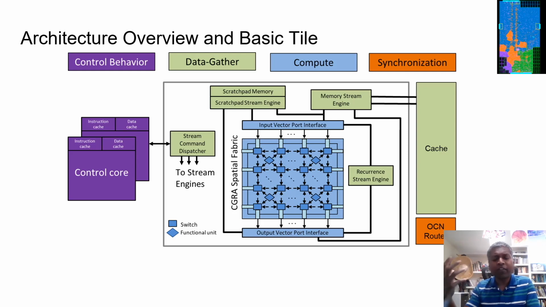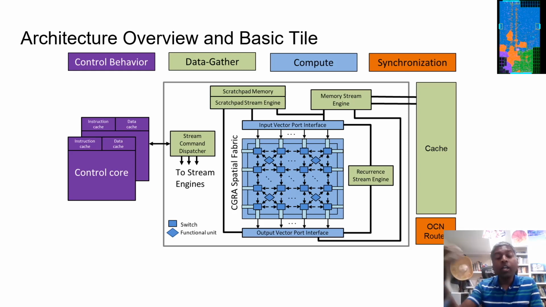Second are the 2 most useful behaviors, if you will. One is compute, which is shown in blue, and the other is data gather, which is shown in gray. To implement the compute behavior, we've developed a CGRA with a very novel data flow execution model where things are completely static, allowing very efficient execution and allowing a compiler to map things super fast.